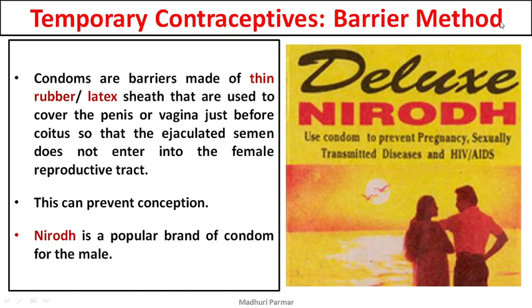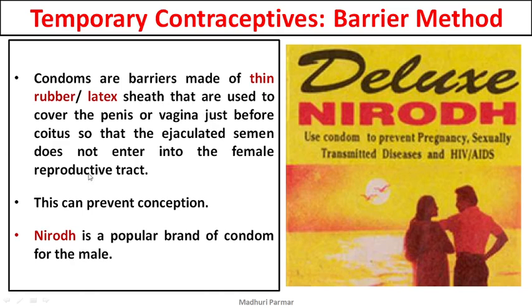For this, the very famously promoted one is condoms. Condoms are just a thin rubber or latex sheath, like a covering, which is used to cover the penis or vagina. It depends. If you are using a male condom, then it covers the penis. If you are using a female condom, then it covers the vagina and the cervical opening.